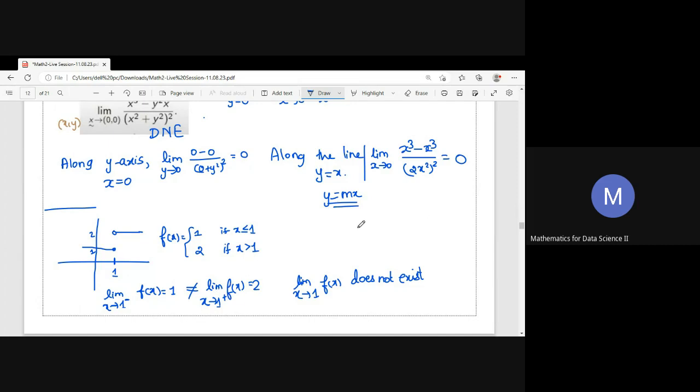Suppose I'm defining another function. Let us say f of x is equal to 1 by x for x greater than 0, and for x less than or equal to 0, it is simply 0. Now, how is the curve looking?